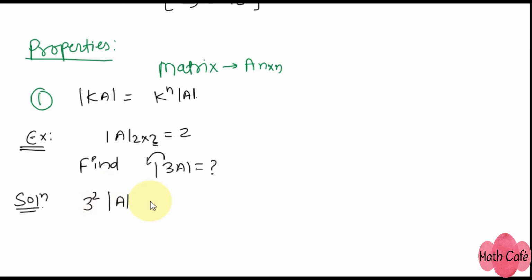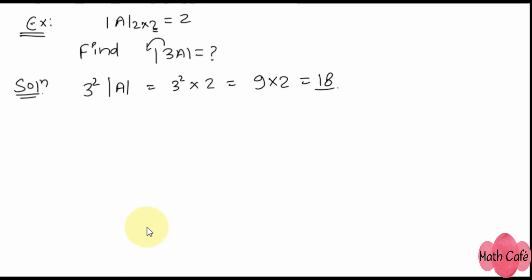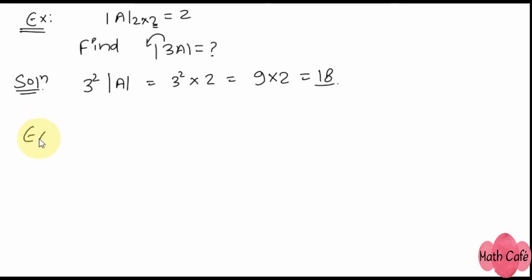So we are left with only determinant A. So here 3 square multiplied by determinant of A, and the value of determinant A is given in the question, 2. So that will become 9 multiplied by 2. Final answer will be 18. Alright, hope you understand this.